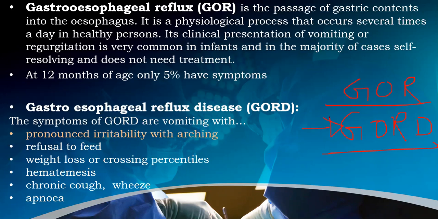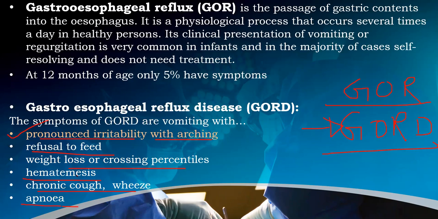In any child you think it's a reflux case, you have to rule out these red flags. One, if the child is having pronounced irritability with arcing of the back, if the child is refusing to feed, any hematemesis, apnea, chronic cough, and if the child is not gaining enough weight. The main finding is pronounced irritability with arcing of the back. This is the most important feature of gastroesophageal reflux disease.